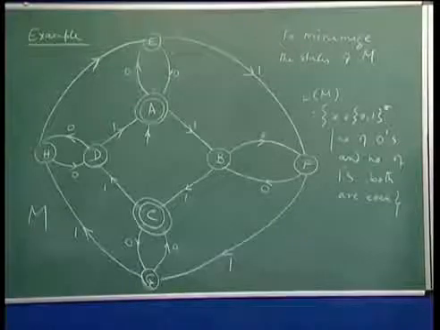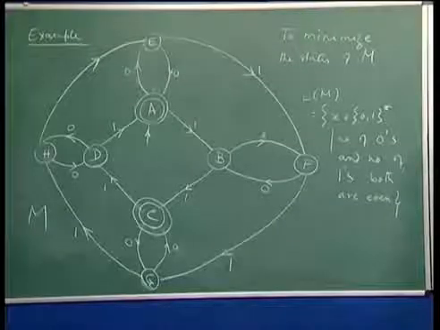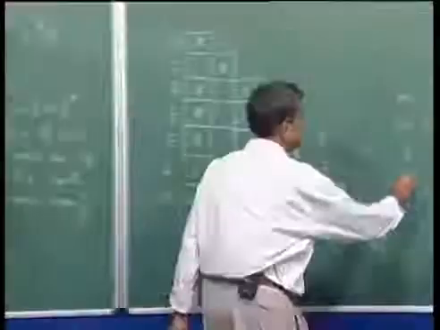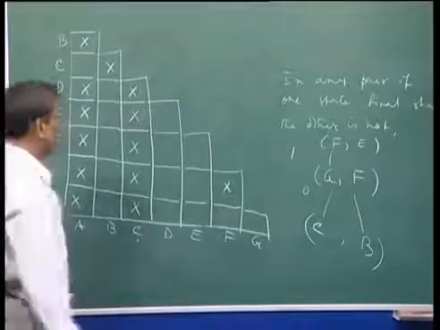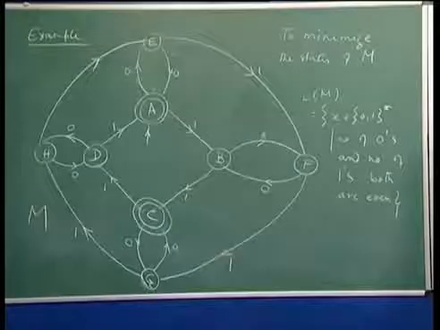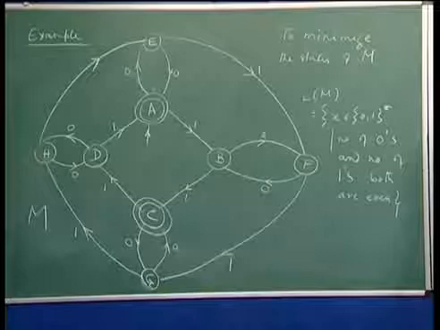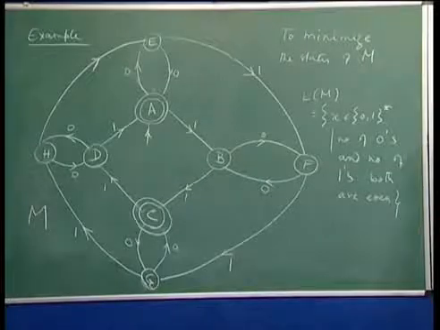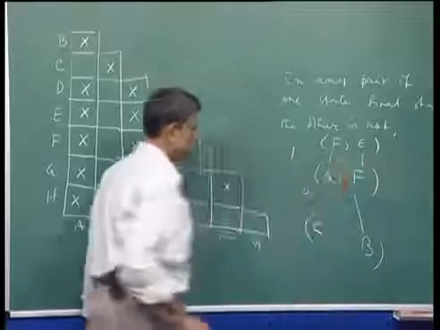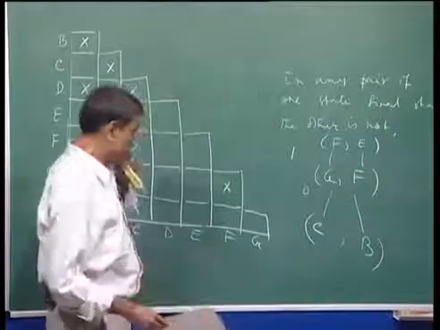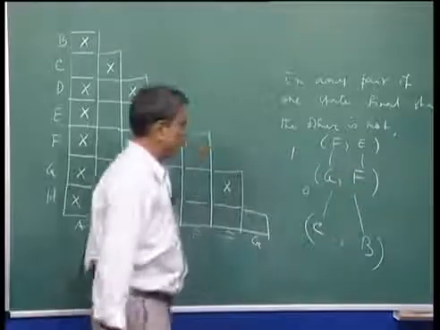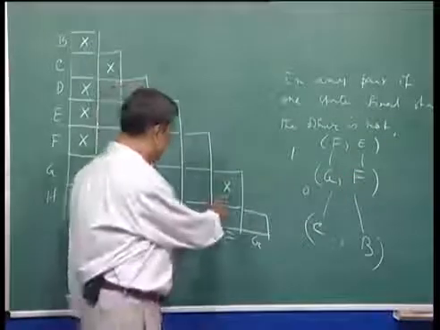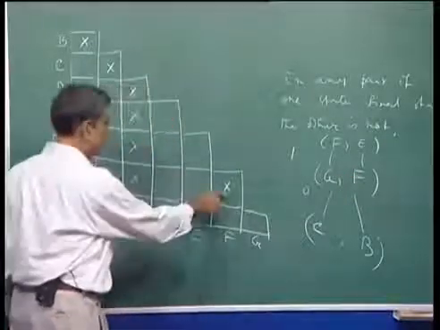From F on 1 you go to G, and from E on 1 you go to F. Now, the point I am trying to make is that having discovered that GF is distinguishable, we had put a mark.